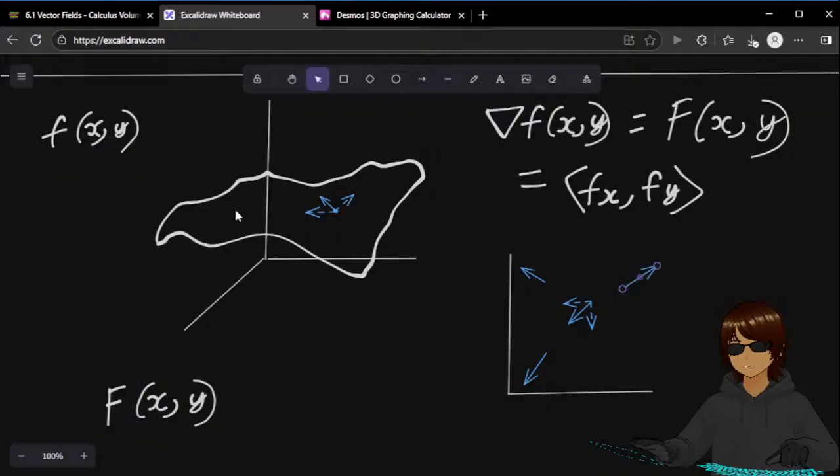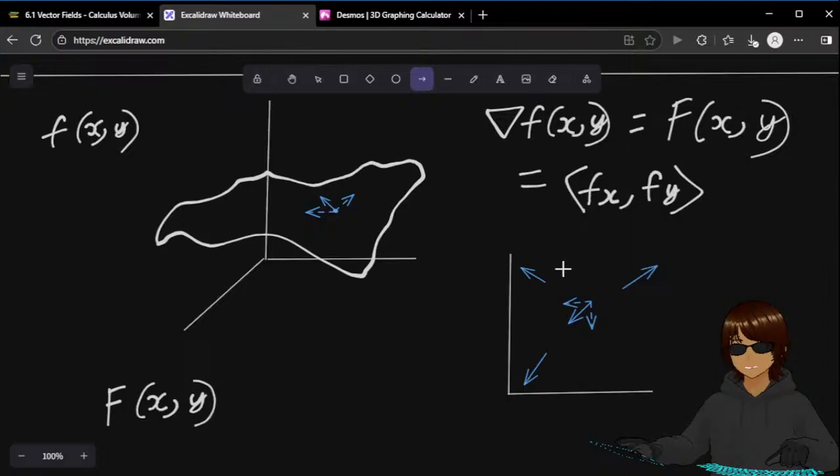Remember, functions are one to one, right? So for each xy combination, there is only one f value. So we can write this on the entire xy plane. We can draw all of these vectors in one plane. There wouldn't be any overlapping because you can't have two f values for one xy pair.